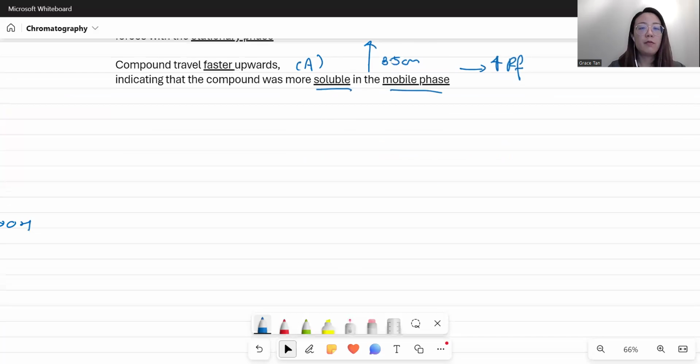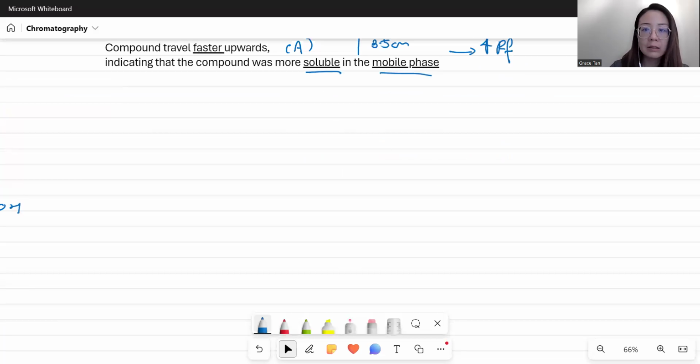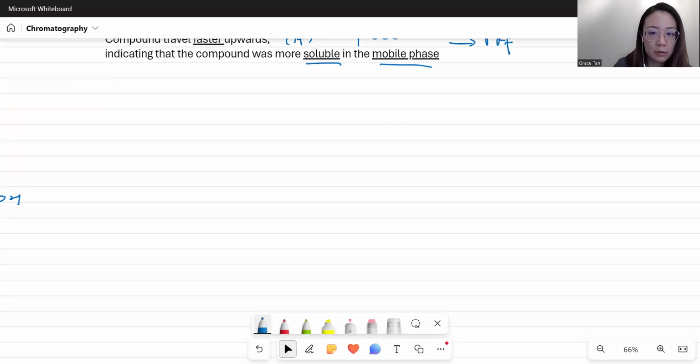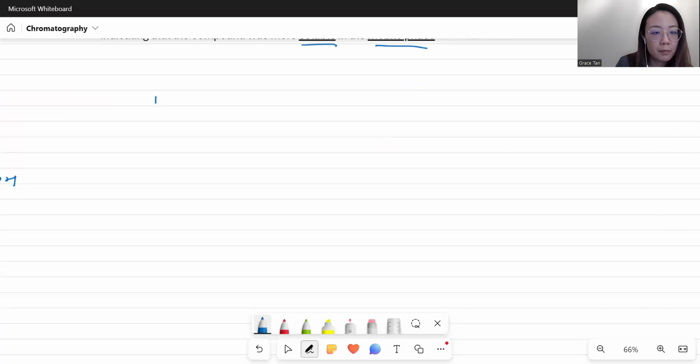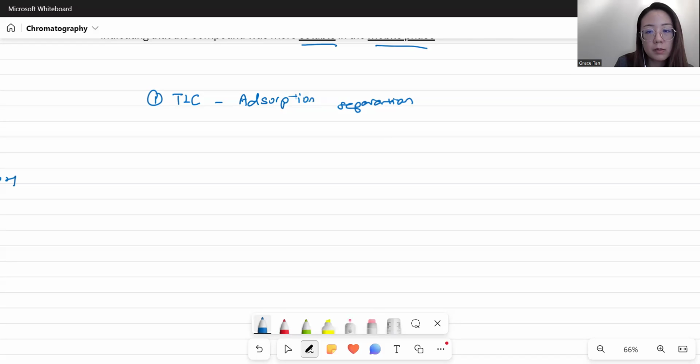Before I sum up and close the section on thin layer chromatography, number one, you need to know that thin layer chromatography is an example of adsorption separation, and you need to know the definition of adsorption separation.